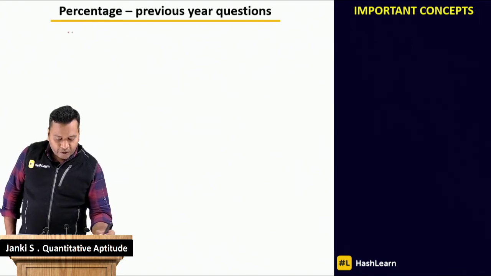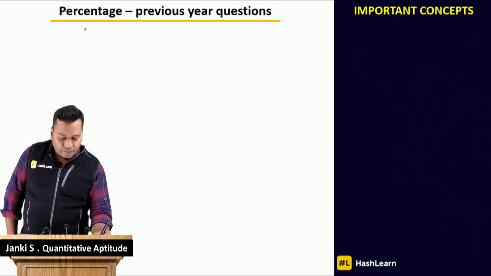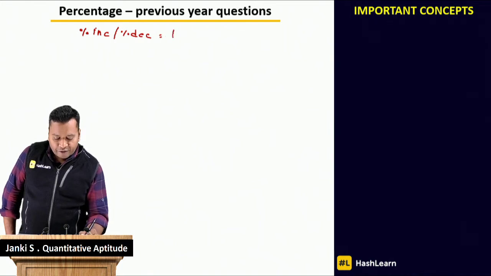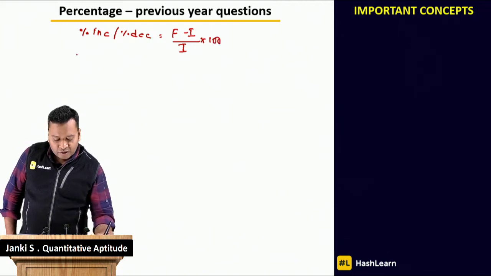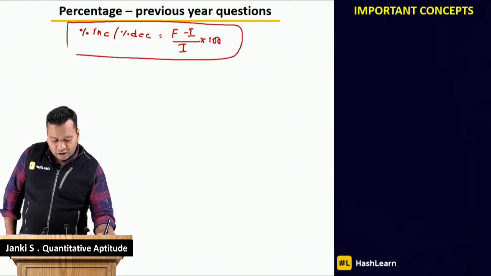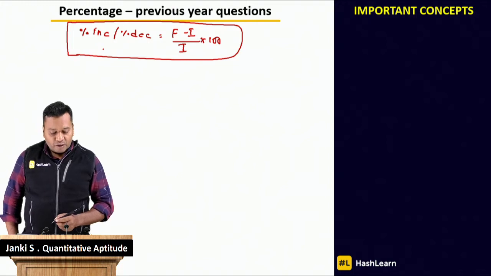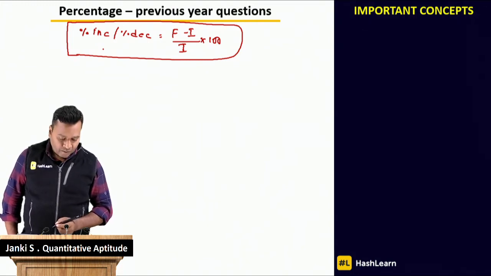For that you have to know a formula, that's percentage increase or percentage decrease, which is nothing but final minus initial divided by initial into 100, right? That's the third formula which you need to keep in mind.